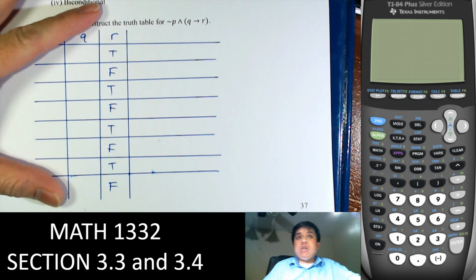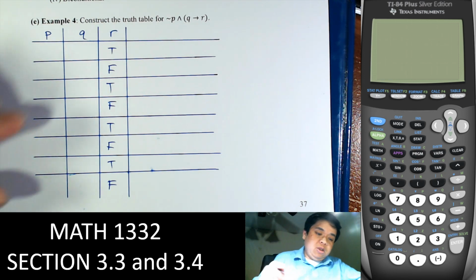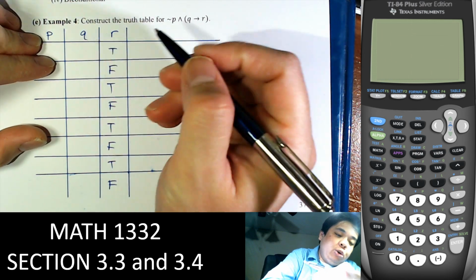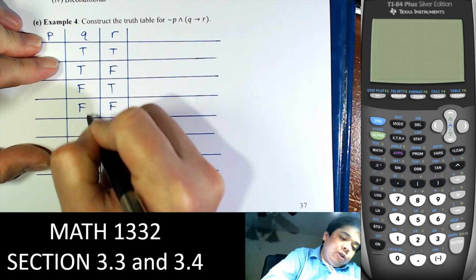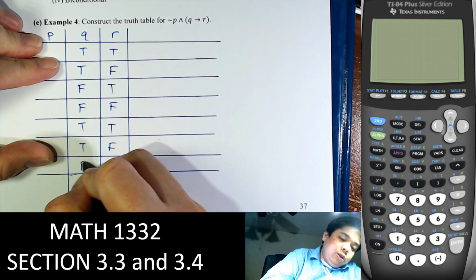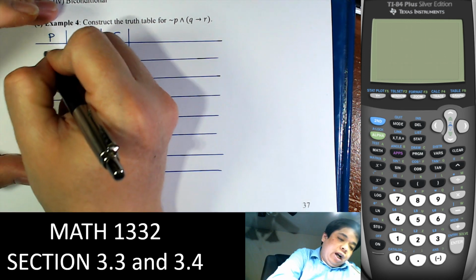How do we know when we stop? Well, this is 3 simple statements, so 2 to the third power is 8. Right, Q alternates every 2, and the first one, P, alternates every 4.